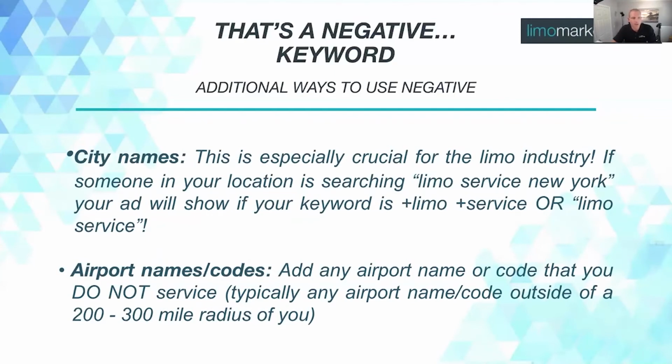If someone searches Miami airport car service and they're in Chicago, unfortunately, Google will oftentimes show local Chicago companies if no one has used the negative keyword Miami or MIA, which is the Miami airport code. I know airport codes really well after doing this so long. If those companies don't have Miami on their negative keyword list, then there's a chance that their ads will show.